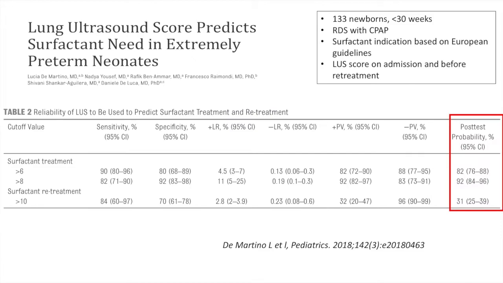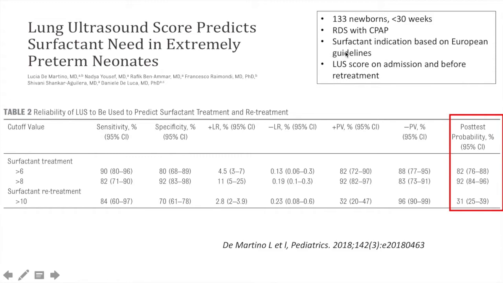As the most at-risk population is the extreme preterm neonates, the authors looked more specifically into this population. In this study, they included 133 newborns having RDS treated by CPAP, and they administered surfactant based on European guidelines.